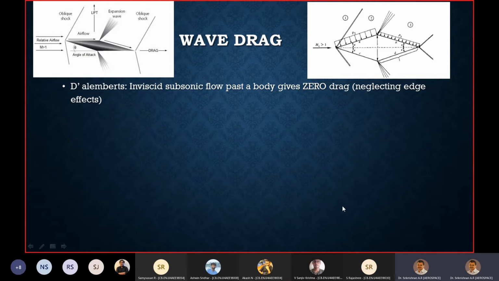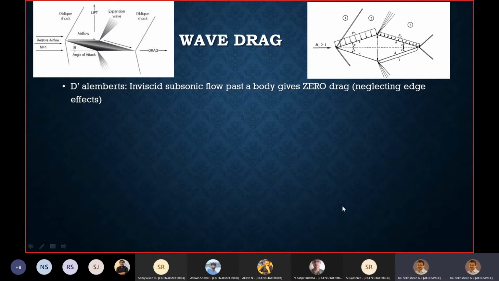We are not going into details of D'Alembert's paradox, but the theorization is that when you have subsonic flow past a body, and if the flow is inviscid, then you will not have any drag, assuming there is no flow separation. So if you have a body submerged in an inviscid fluid, you will not have a drag.